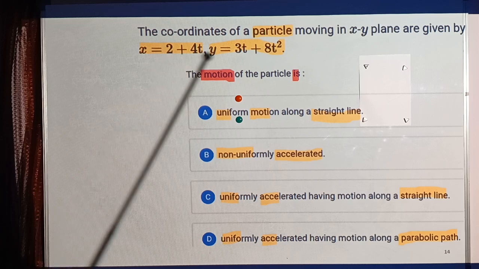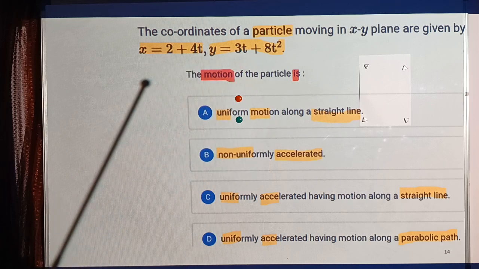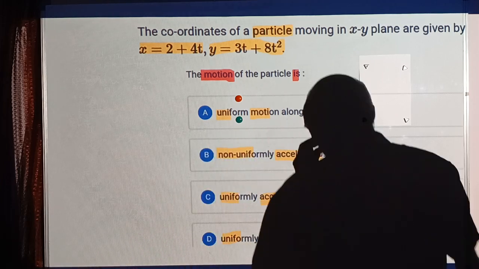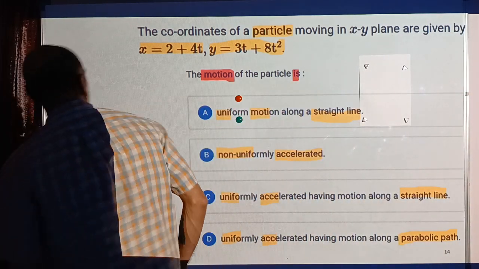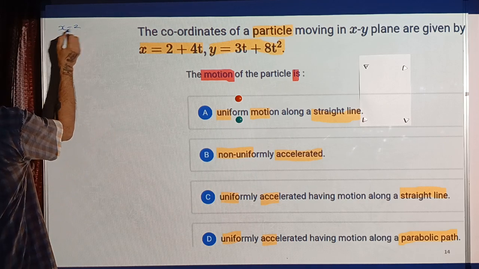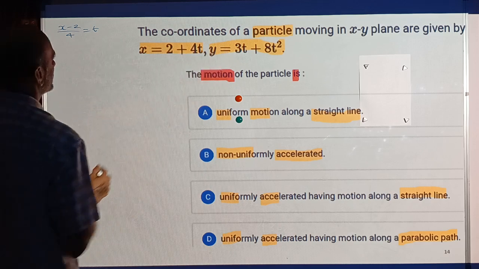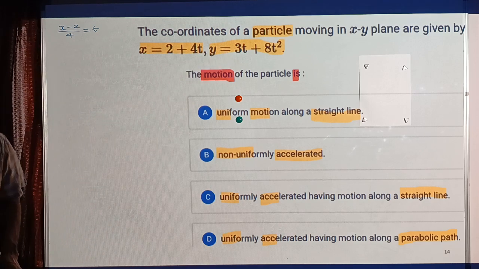One way to do it is to eliminate time and get the relation between x and y, and get the path of the motion. From this I can get t as x minus 2 by 4. Using this, I can get the relation between x and y.